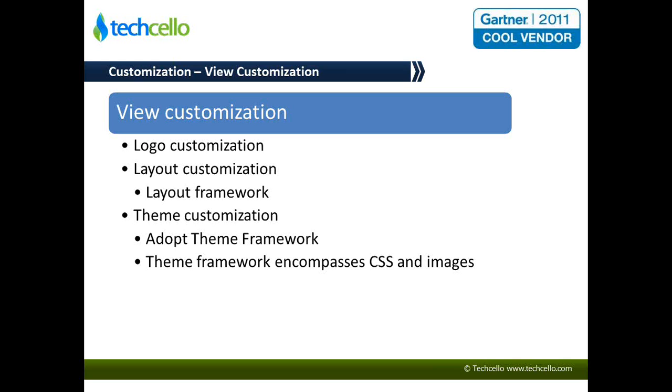The theme and logo of your application needs to match the theme and logo of the end customer. To achieve it, there are lots of theme frameworks available directly from technologies like .NET or Java, or if not, you could build a theme framework and build in the automatic customization capability here.